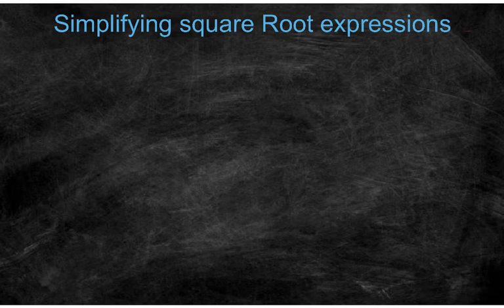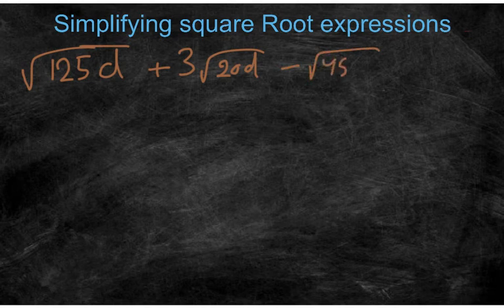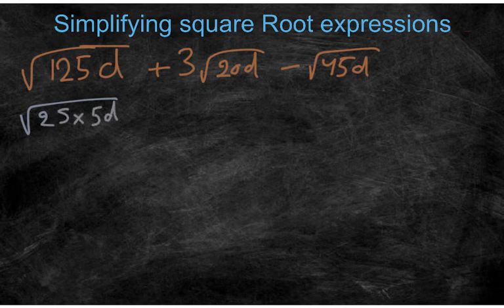Now we have this example: square root 125d plus 3 square root 20d minus square root 45d. 125, we can write it as 25 times 5d.